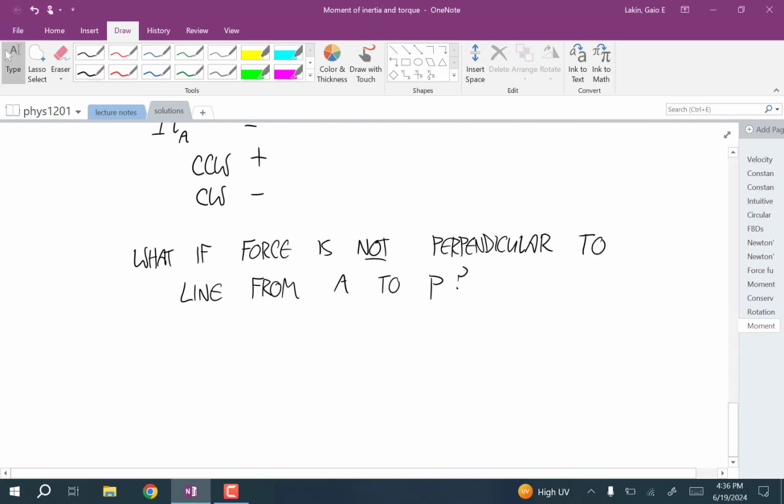Well, this is the trick that you use. You can move the location of the force anywhere along its line of action.